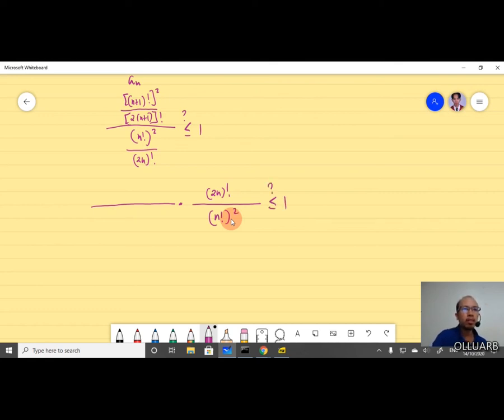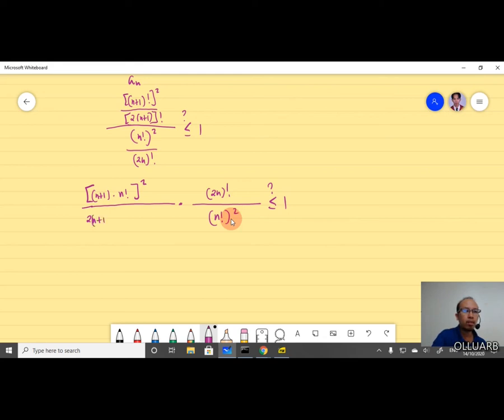So what will happen here in the numerator, we have to simplify. This will become n plus 1 times n factorial, raised to the power of 2.